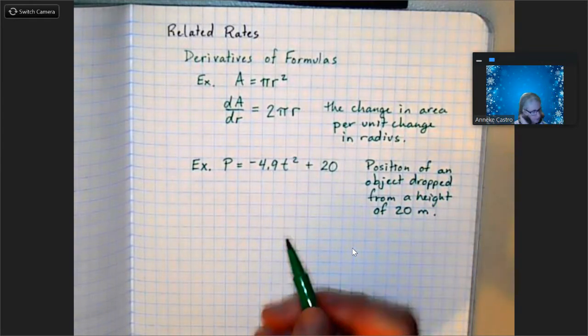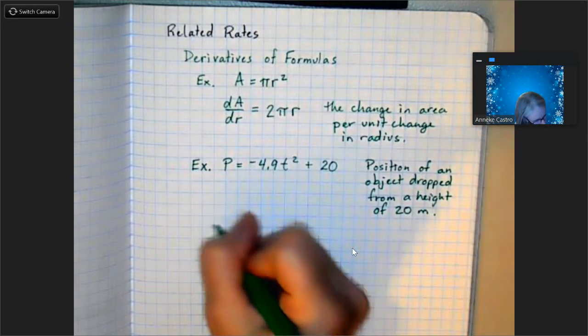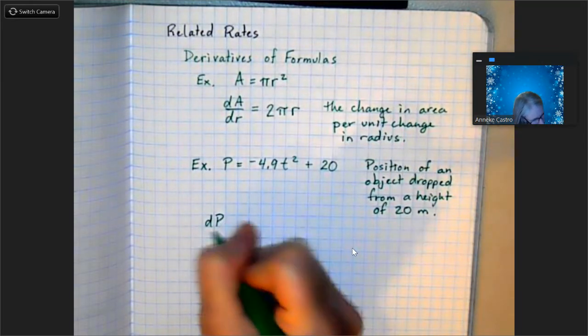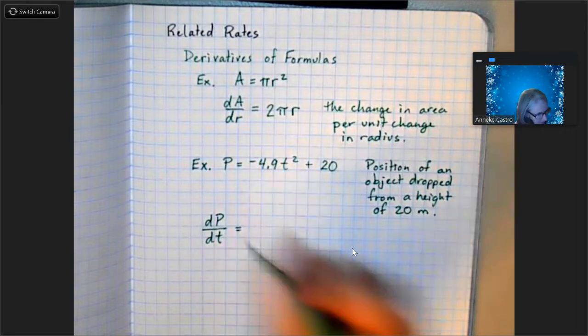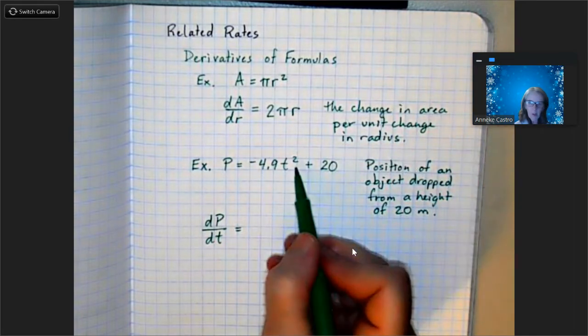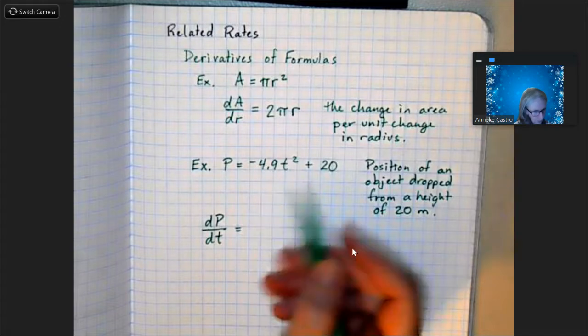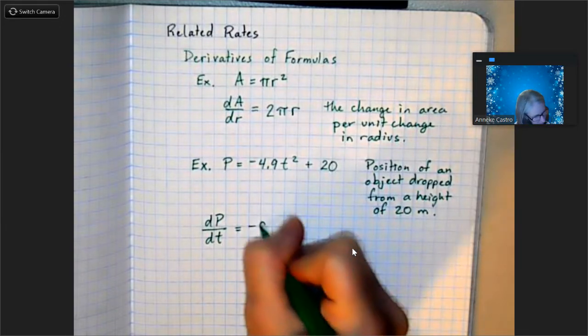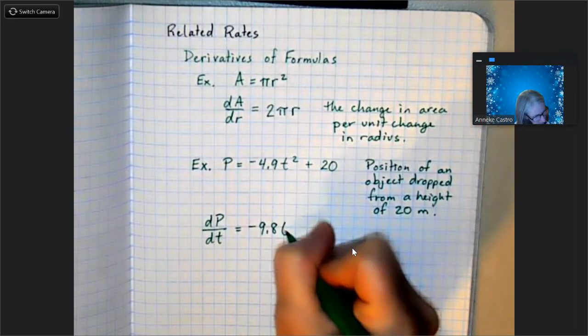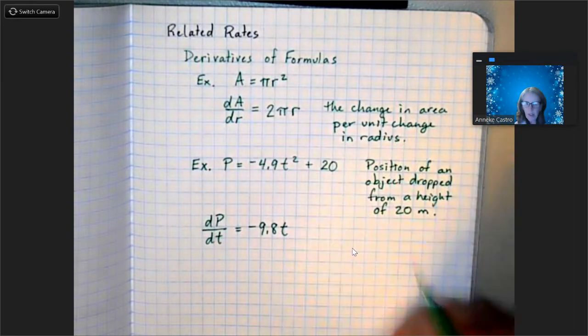So if I take the derivative of this, the derivative would be the change in p over the change in t. Just using my power rule, 2 times negative 4.9 is negative 9.8 t, and the derivative of 20 is just 0, so that goes away.